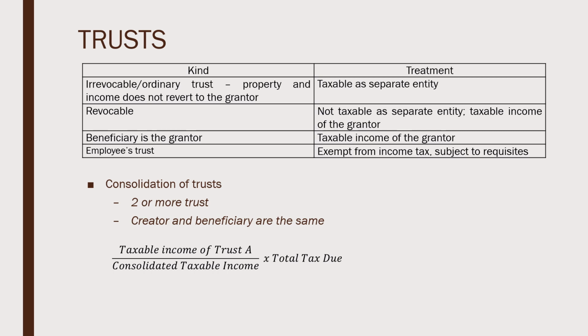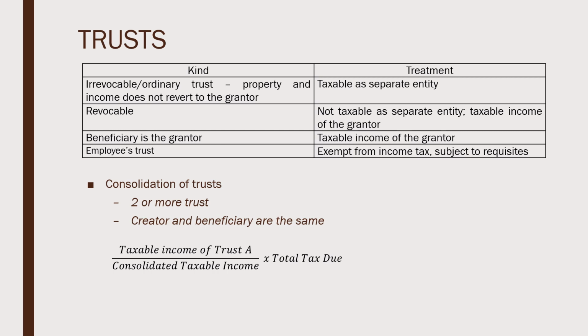Here are the kinds of trust and the treatment for each. First is the irrevocable or ordinary trust, wherein the property and income do not revert to the grantor. This is taxable as a separate entity, and generally speaking, this is what we're talking about when we speak of trusts.